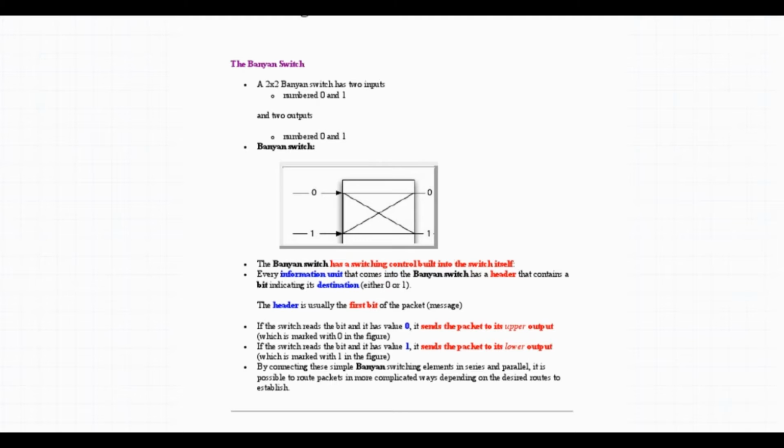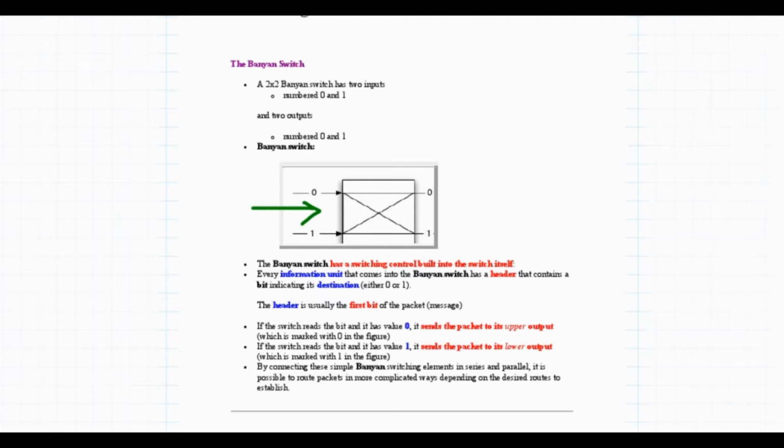Now some properties go like this: the Banyan switch has a switching control built into the switch itself. That means the controller has been implemented into the switch itself. Now every information unit that comes into the Banyan switch has a header that contains a bit indicating its destination.